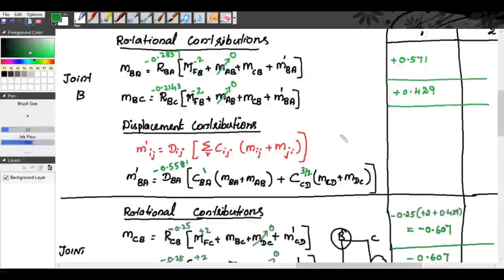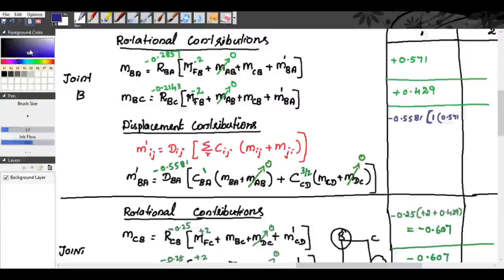So, here M dash of BA is equal to minus 0.5581 multiplied by 1 into MBA. So, MBA we have found as plus 0.571. So, 0.571 plus MAB. We don't have rotational contribution at the support A, at the joint A. So, MAB is always equal to 0. Same way MDC is always equal to 0.